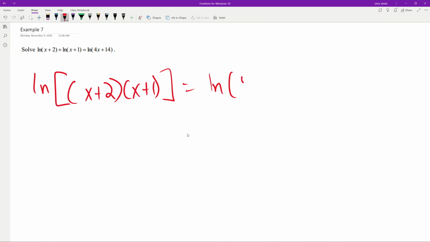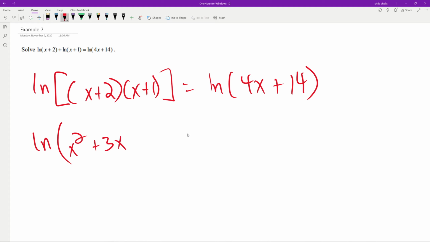The right-hand side is going to remain unchanged for the time being. I need to be very careful and make sure I multiply out the inside here correctly. It's going to be x squared plus x plus 2x, so plus 3x, plus 2. This is equal to natural log of 4x plus 14.